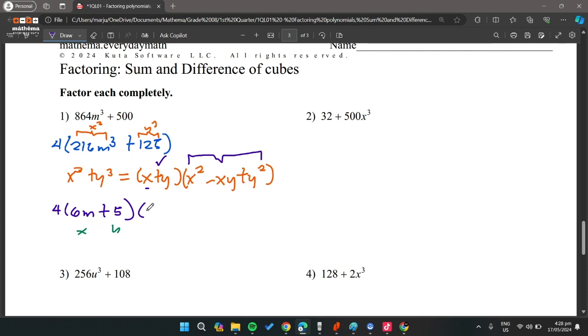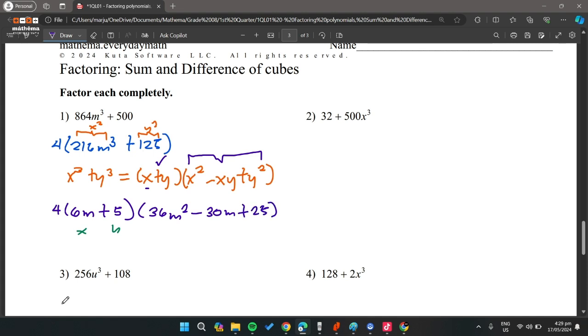That will just give you 36m squared. And then copy the sign, minus, multiply this, 6m times 5. That gives you 30m.